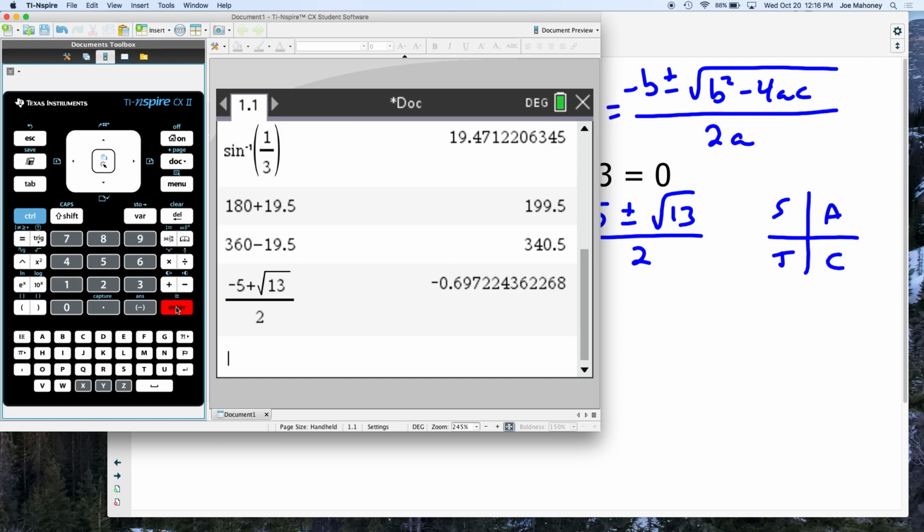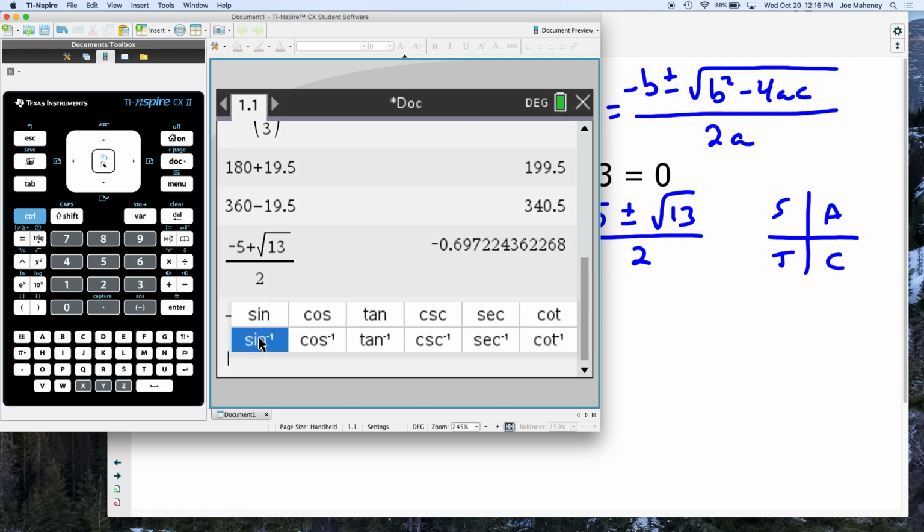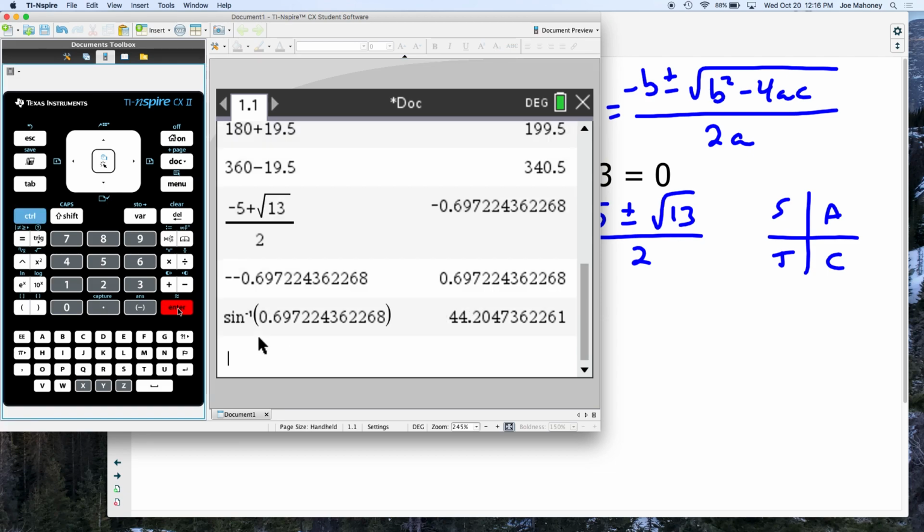So what I'm going to do is I'm going to take this answer as a positive value. Here's a nice easy way to do that. I'm going to do negative answer. I'm going to take that value and I'm going to do the inverse sine of it to figure out what my quadrant 1 angle is.